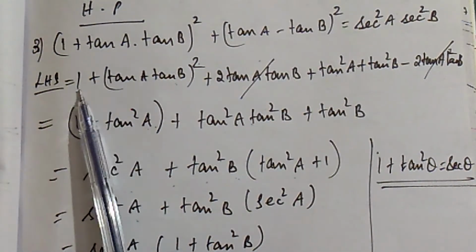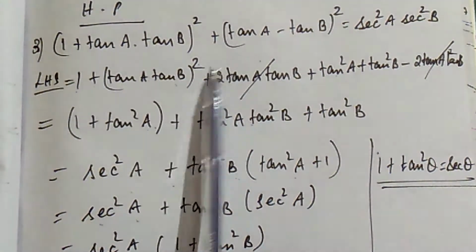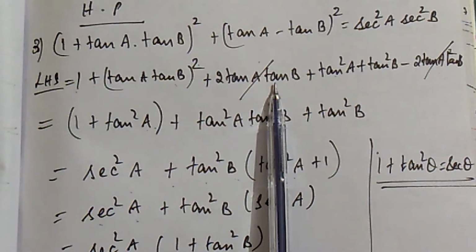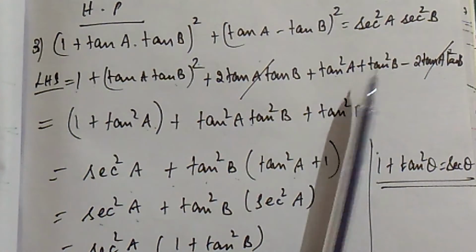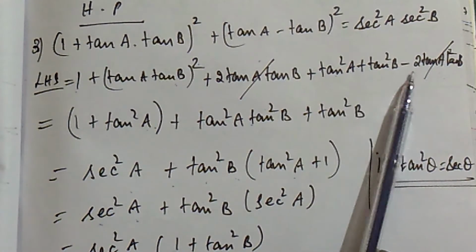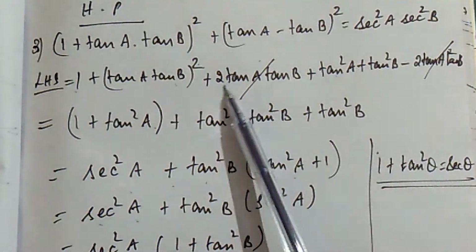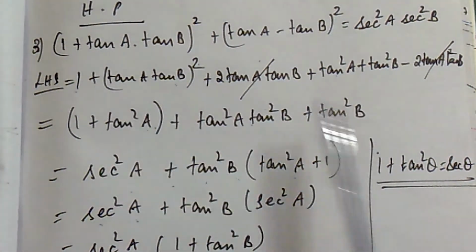Now write 1 + tan²A tan²B + 2 tan A tan B, plus tan²A + tan²B − 2 tan A tan B. So minus and plus get cancelled. The remaining you have to write in a group.